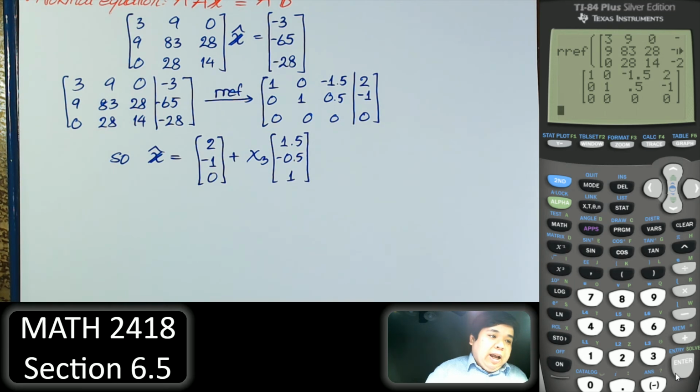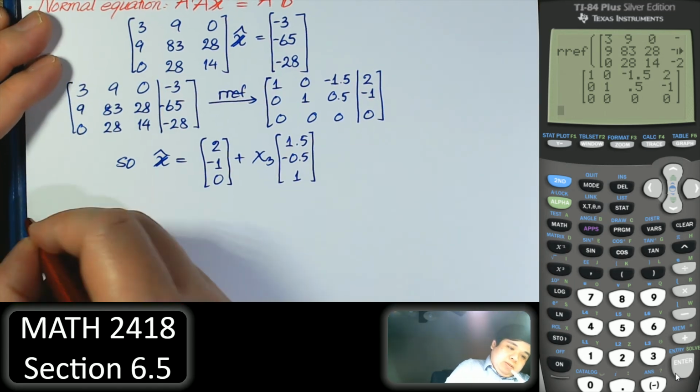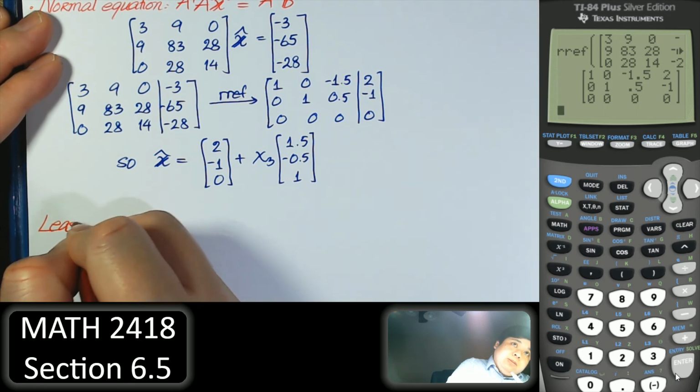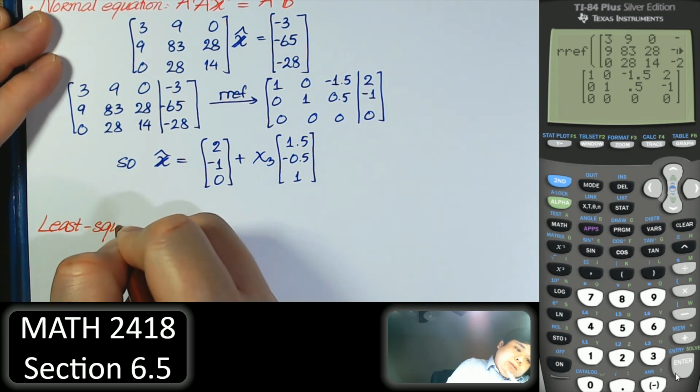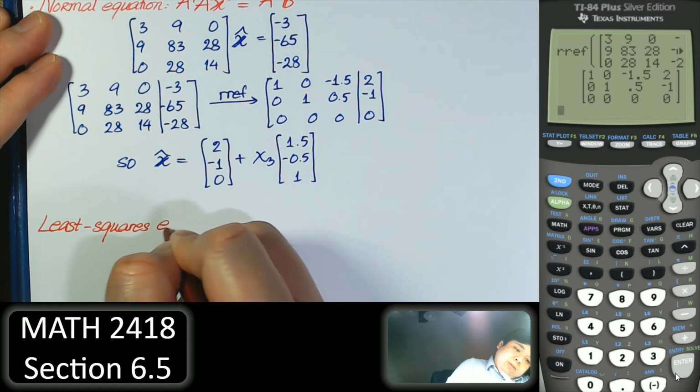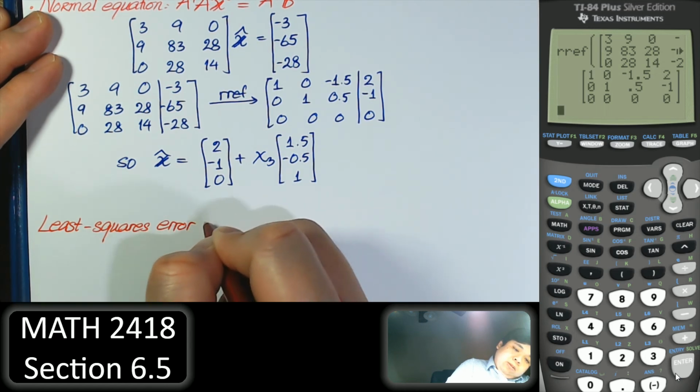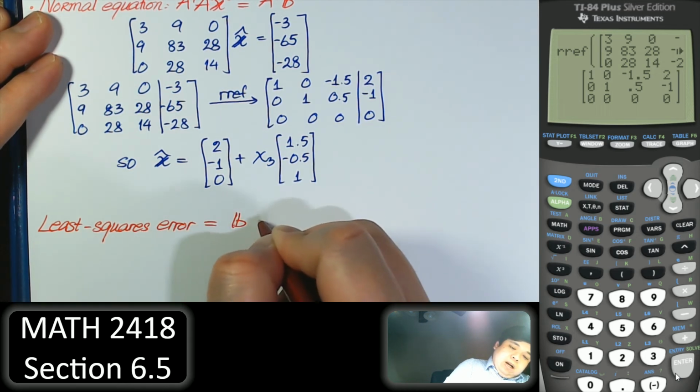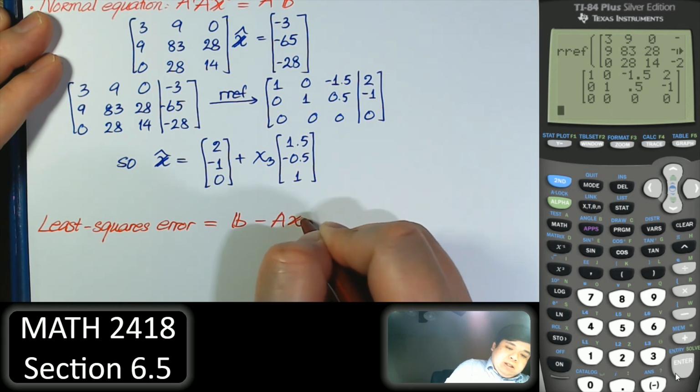Now, compute the associated least square error. So the least square error is b minus A x hat.